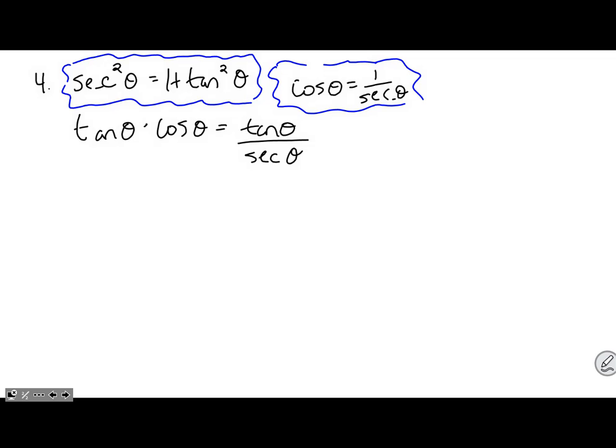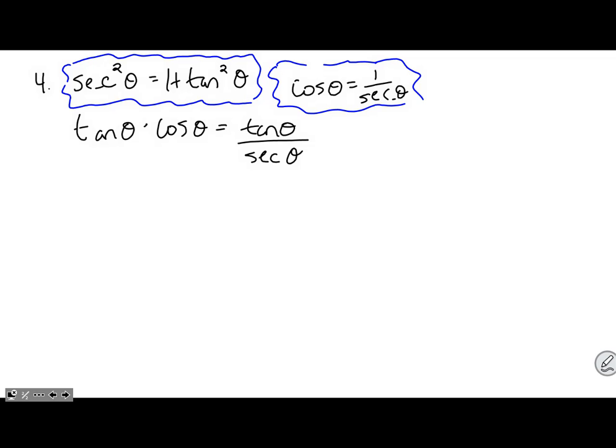Now I can use the Pythagorean identity, which is secant squared theta equals 1 plus tangent squared theta.